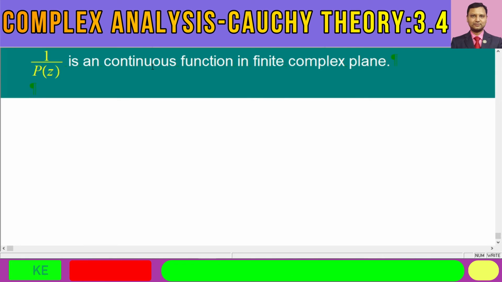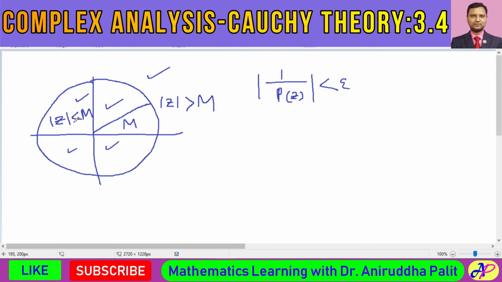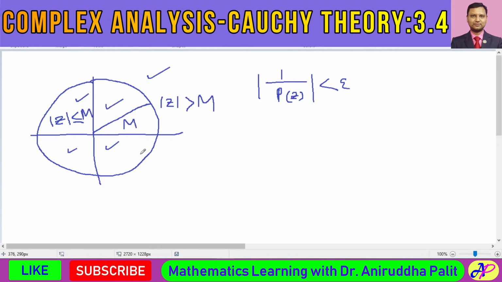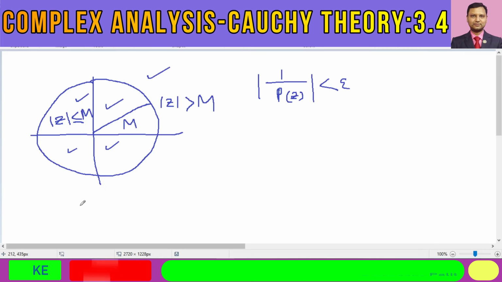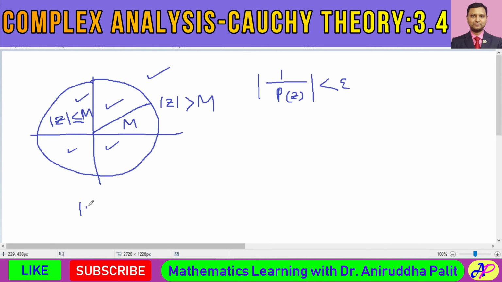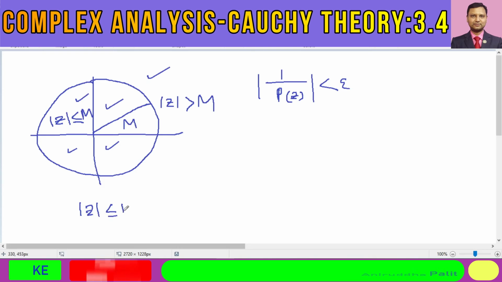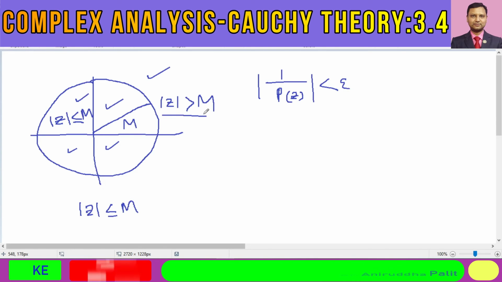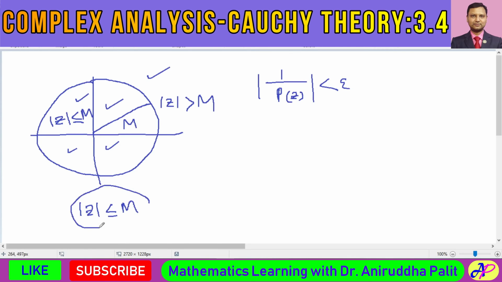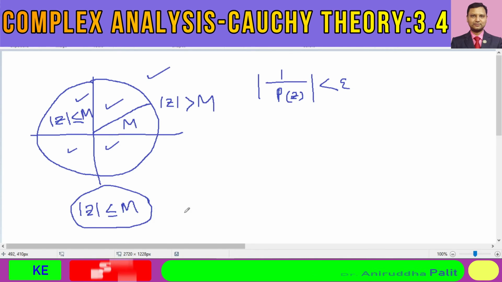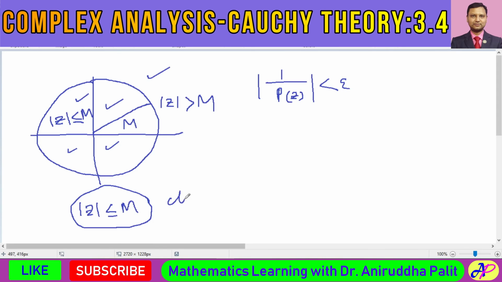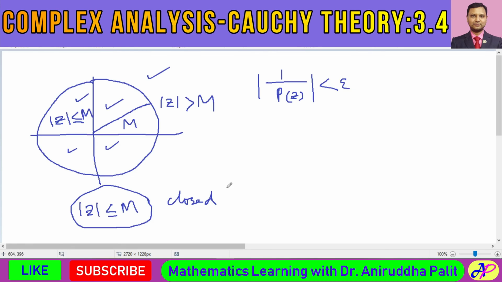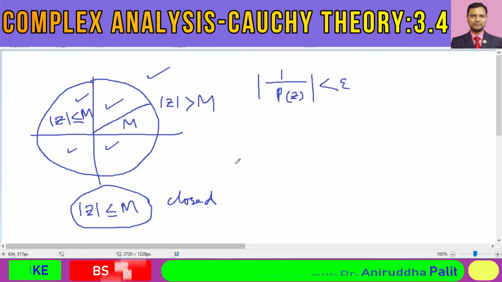And what is this kind of zone? You can also include the boundary, modulus of z less than or equal to M. Why? Because if we include this boundary, this interior portion given by modulus of z less than or equal to M becomes the complement of greater than M. This interior along with the boundary becomes a bounded and closed set, and on a bounded and closed set, a continuous function is always a bounded function.